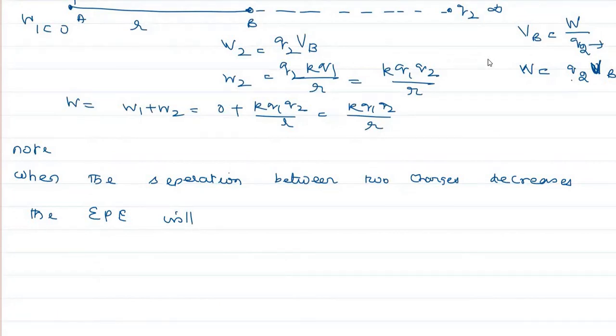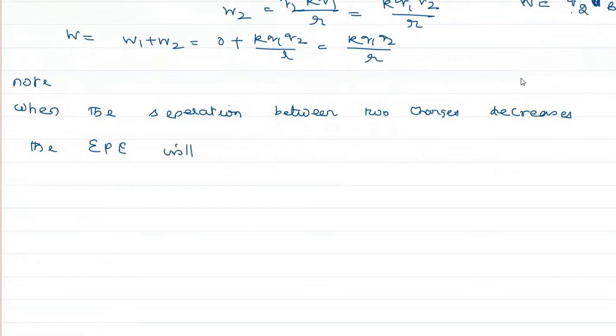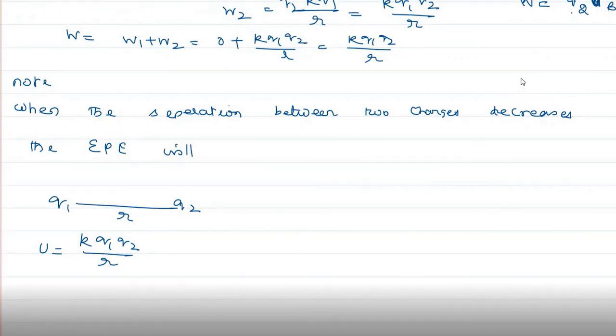You have to tell me. When the separation between the two charges decreases. So Q1, Q2 separated by a distance R. What is the total potential energy? We know it is KQ1Q2 by R. When the separation decreases, that means R decreases, will the U value increase or decrease?